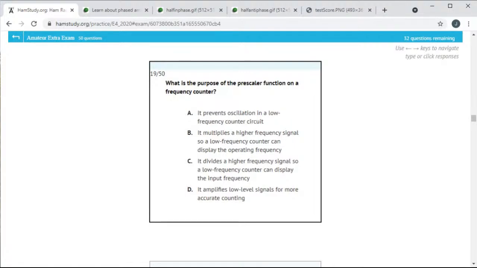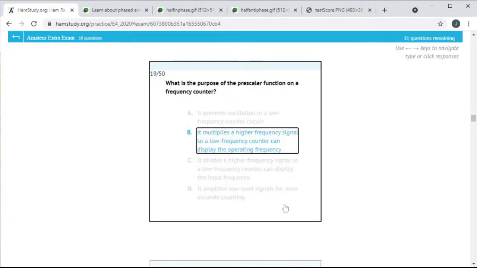C, it divides a higher frequency signal so a lower frequency counter can display the input frequency. D, it amplifies low signals for more accurate counting. I'm going to go with B.